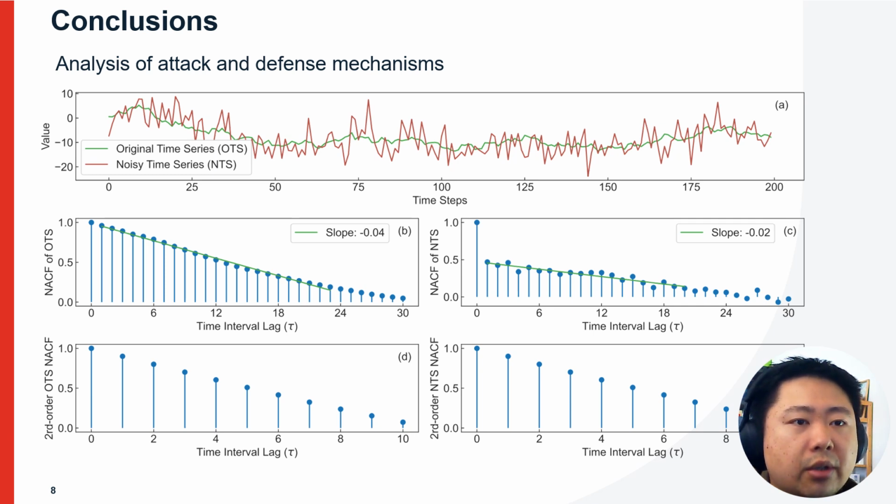These modifications significantly affect the NACF's correlations at small and large tau values, showcasing reliance on long-distance correlations against the local information distortion due to noise and filtering.